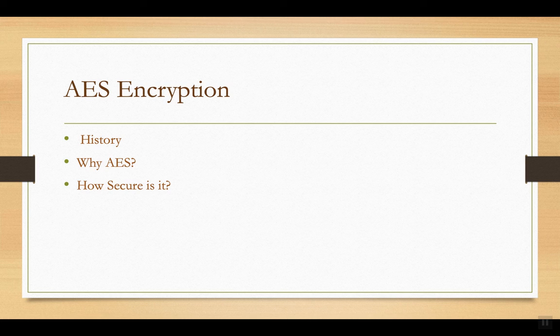So why did we choose AES? The basic idea of implementing AES was that it's easy to implement, as OWASP claims many encryption algorithms are strong but many developers do not know how to implement them correctly. AES is easy to implement.